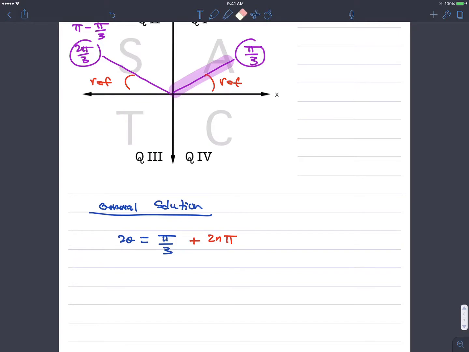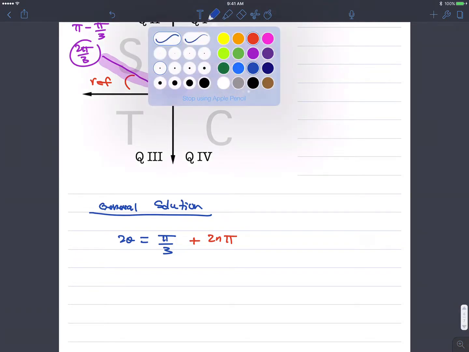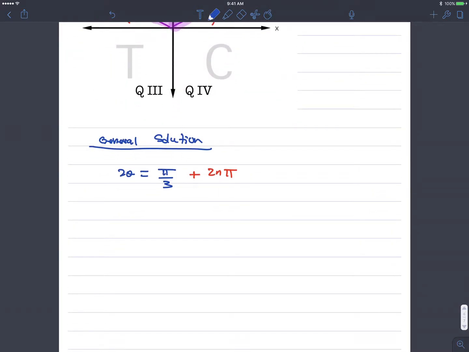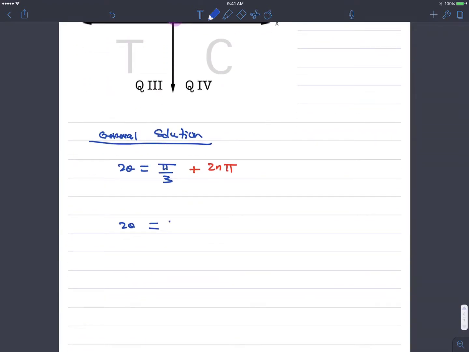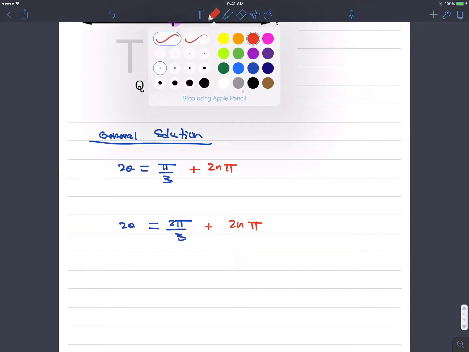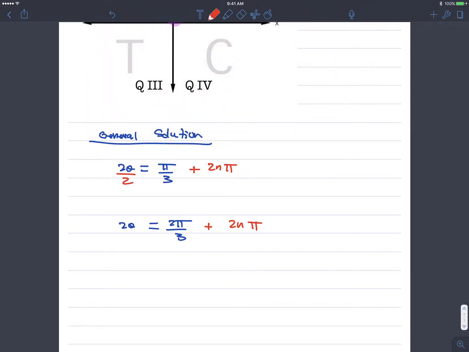So, gone. Good. The next one. Here we go. 2 theta now becomes, what's the other solution? 2 pi over 3 plus, what do we do? 2n pi now. So don't forget, the whole point was to solve for theta, not double theta.